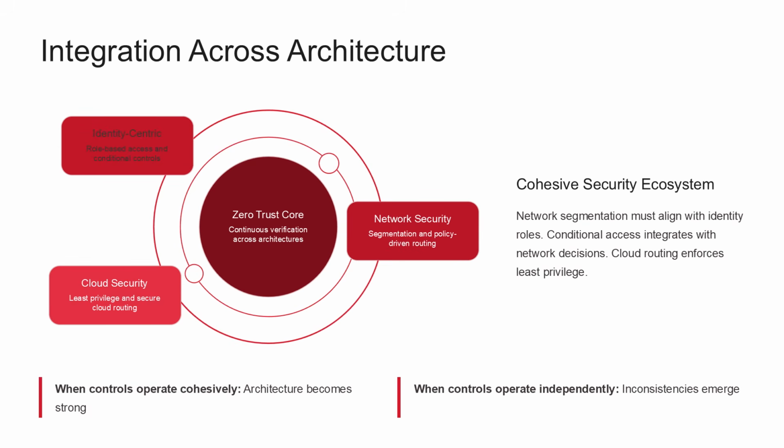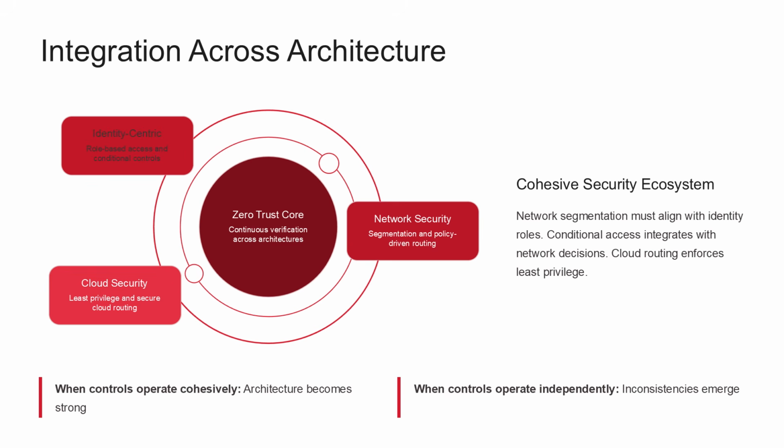Network security architecture does not operate in isolation. It must align with identity-centric architecture, cloud security architecture, zero trust principles. For example, network segmentation should align with identity roles. Conditional access should integrate with network access decisions. Cloud routing should enforce least privileged service communication.